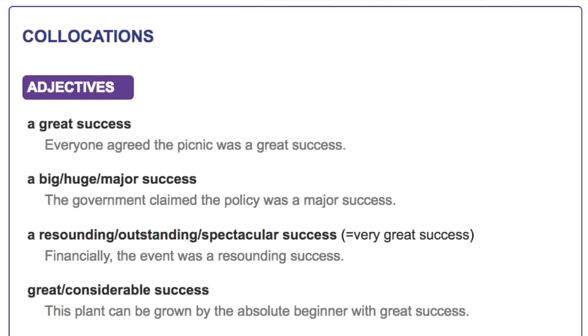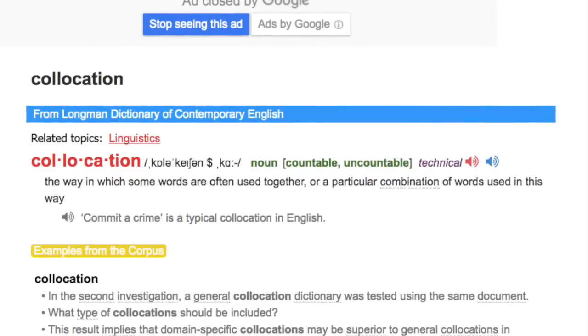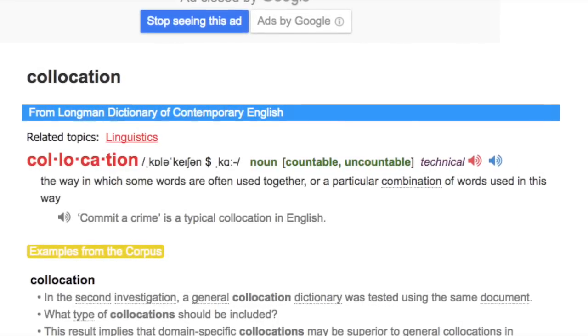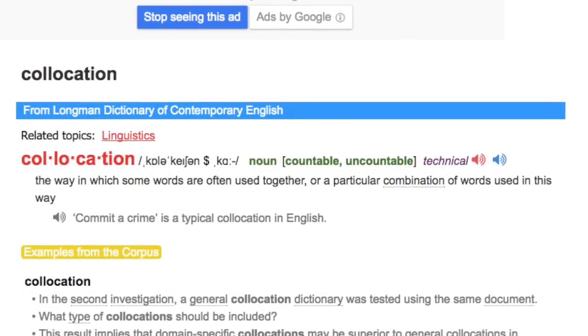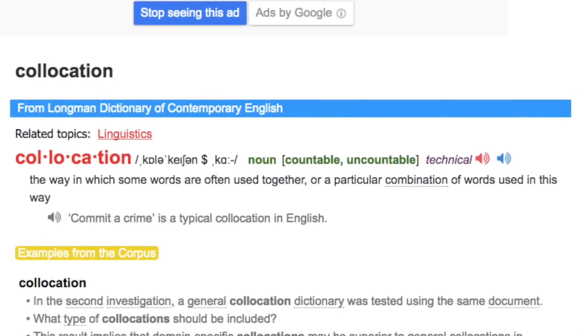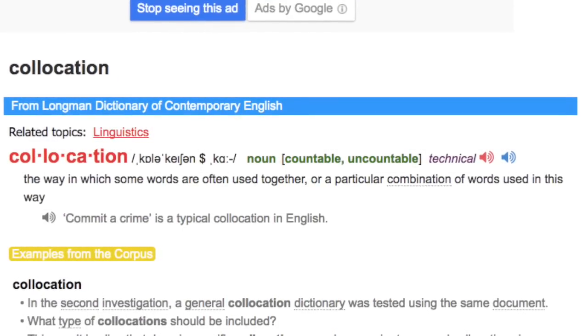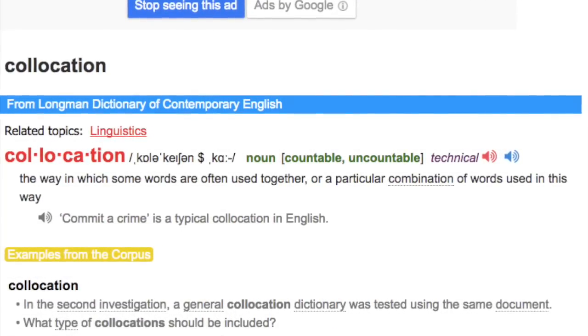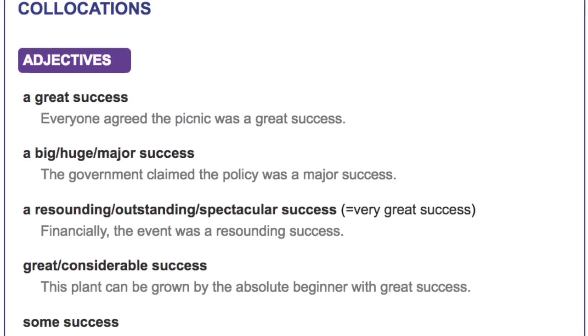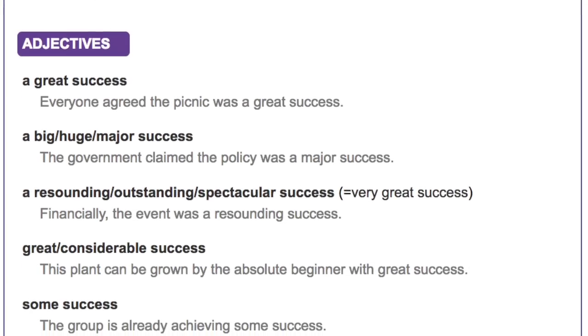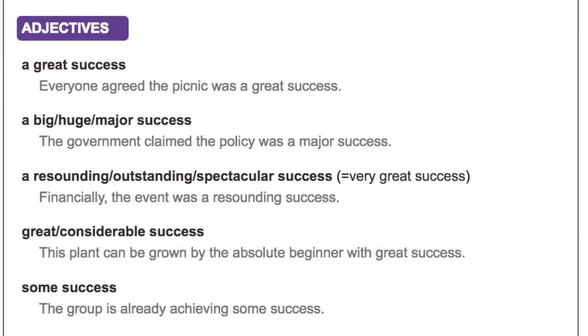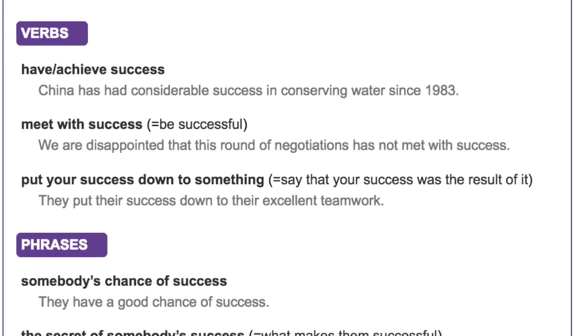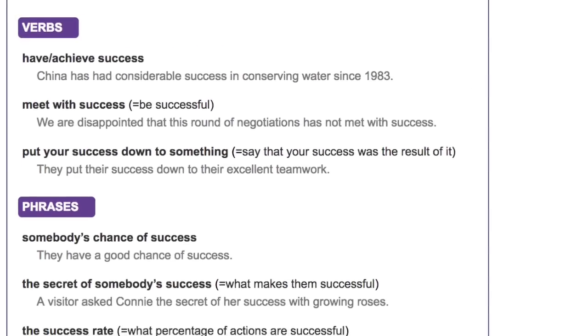And here is yet another super cool feature. The collocation section. I talk about collocations a lot in my book Virtually Native. Collocation, the way in which some words are often used together. Never ever study individual words, always in combination with other words. Here a collocation of success is with adjectives, a great success, a big success, with verbs, have success, achieve success.